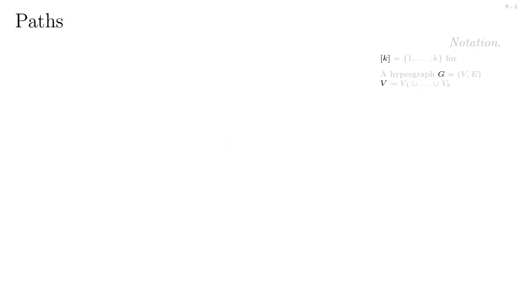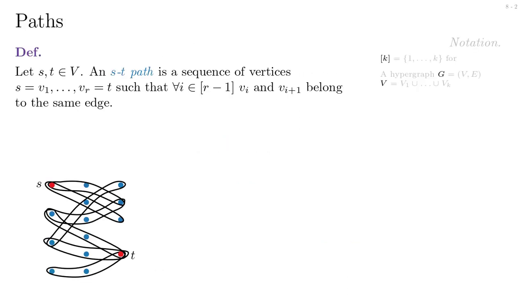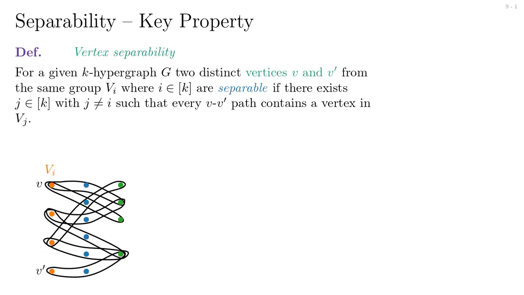I will start with some definitions, and the first one is the definition of an ST-path. By ST-path, we mean a sequence of vertices such that two neighboring vertices in the sequence belong to the same edge. In this example at the bottom, these four red vertices create a path between S and T. Now let's move to the main definition of this work, vertex separability.